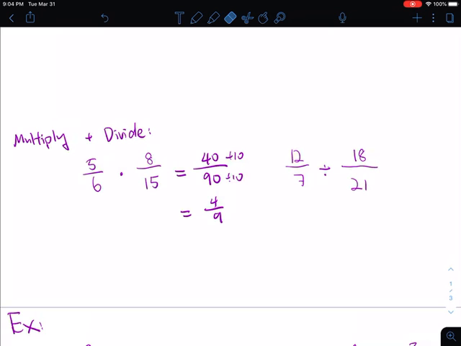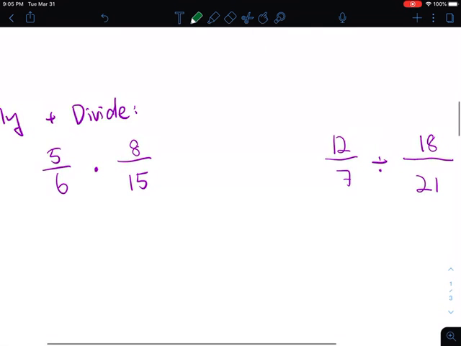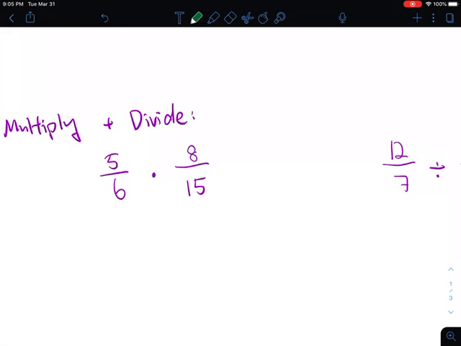Okay, but there is an easier way where we can multiply fractions. So let me erase that way. We can actually simplify first before we multiply, right? So here's what I mean, and hopefully you guys remember this. We can do something called cross-canceling. So for example, 5 and 15, we can divide them both by 5. So then I get a 1 here. 5 divided by 5 is 1. 15 divided by 5 is 3. And then similarly with 8 and 6, I can divide both of these by 2.